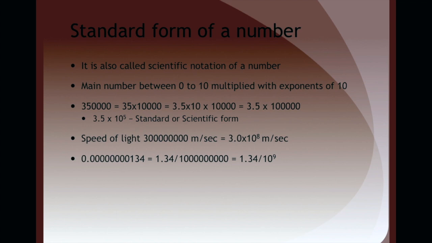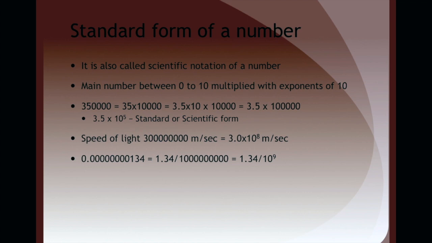Similarly, a very small decimal number also. For example, some weight of some molecule is 0.00000000134 gram or kilogram, whatever it is. But in this form, it is really hard to write, or again we may make a mistake, or it is hard to speak also.